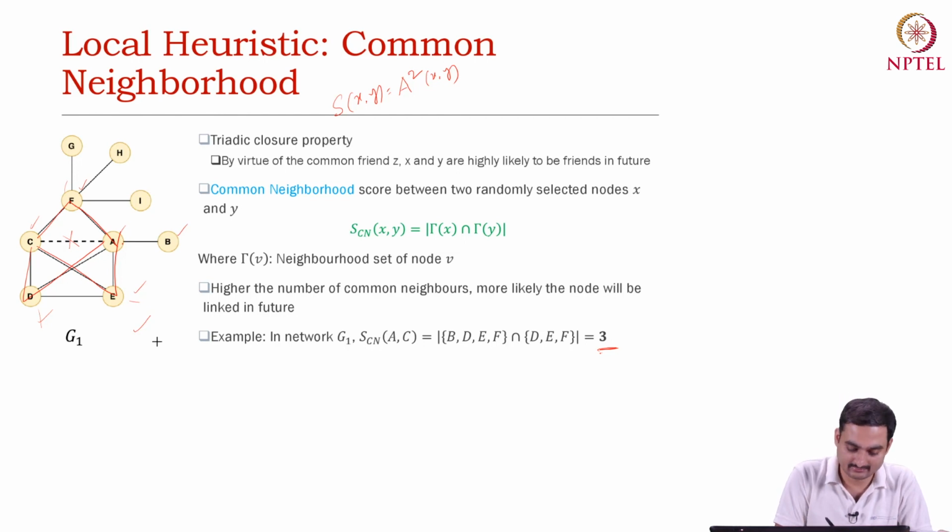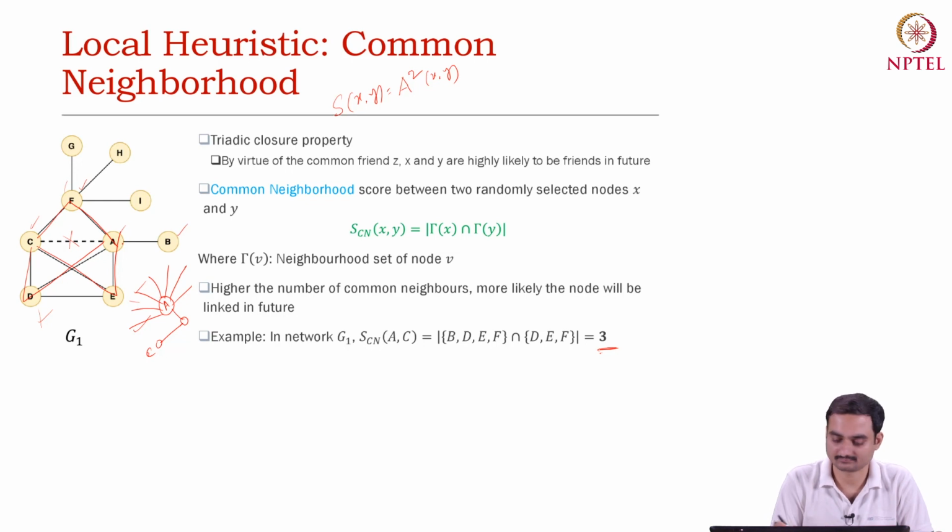There is one common neighbor, but A has a lot of other neighbors. So if you take the intersection, it would be 1, but A and C are not similar. You are not penalizing the fact that A has a high degree, with a lot of neighbors which are not common for C.